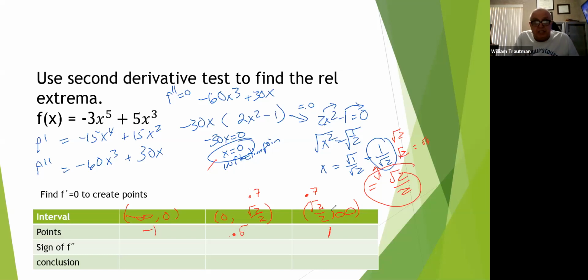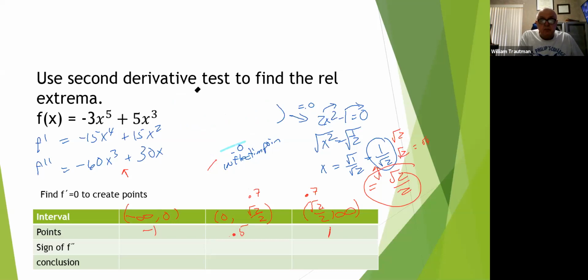And then I'm going to plug those into the second derivative. So I'm going to first plug -1 into here. I'm going to erase this now. -60 plus 30. Our first test point is -1.